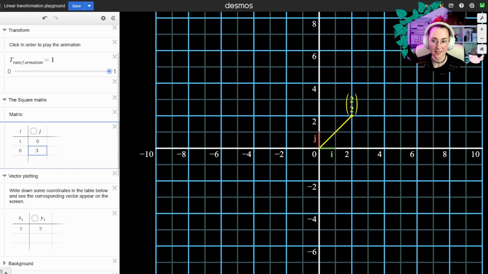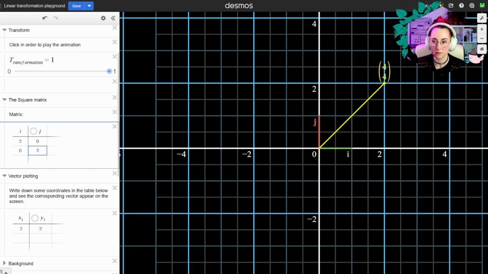We can have scaling by multiplying the same values on both sides. So let's call this 2, 2, which is just scaling in all directions the same, or scaling along the x and y the same. And this would be the same as writing a coefficient times the identity matrix. Remember that multiplying a scalar goes in the same way.